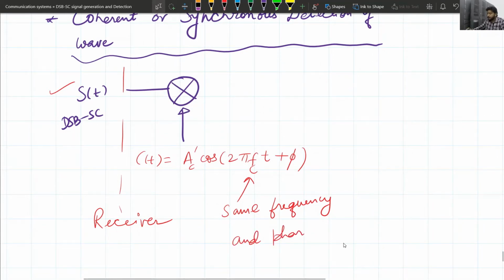This is the condition for coherent detection.